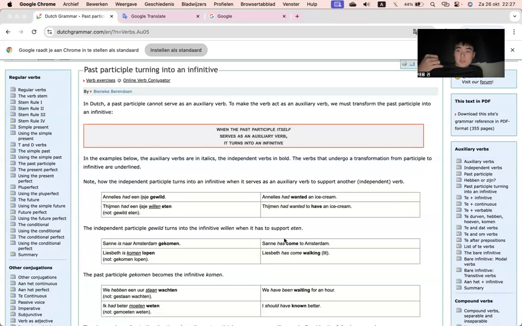Had, heeft, will, all auxiliary verbs, right? So when the past participle itself serves as an auxiliary verb, it turns into an infinitive.